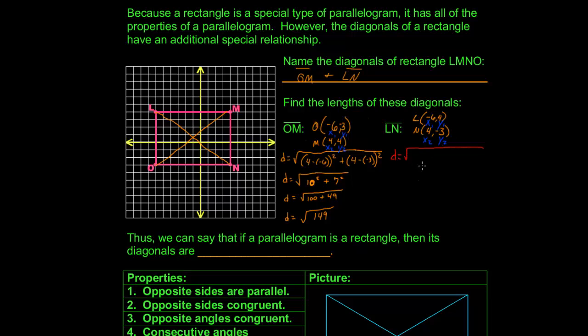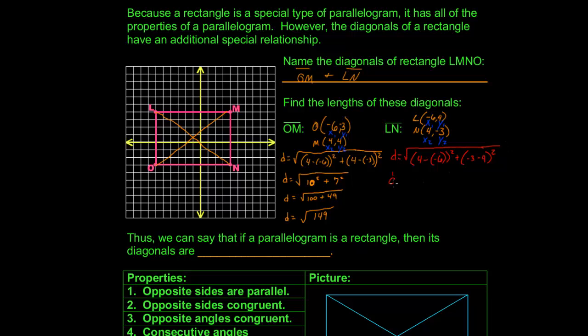A little cramped here for space, but we can make it work. x2, 4 minus x1, -6, close parentheses, squared, plus, all right, y2, which is a -3, minus y1, a 4 squared. Continue that on.